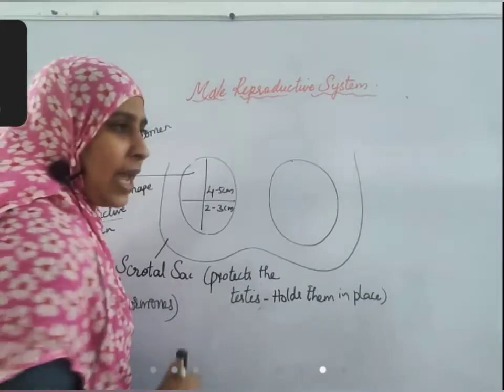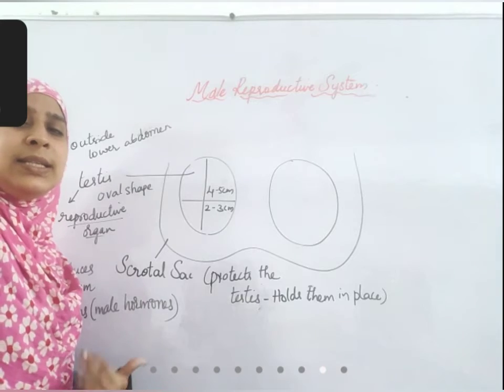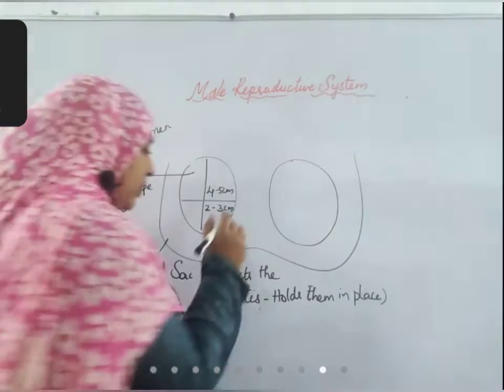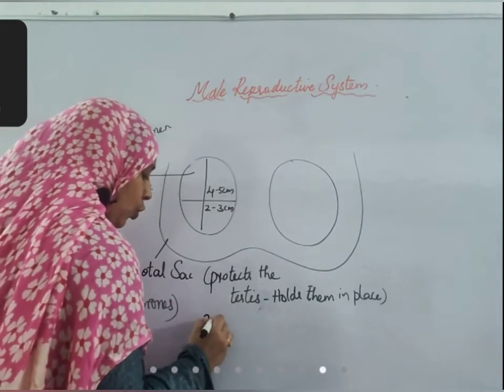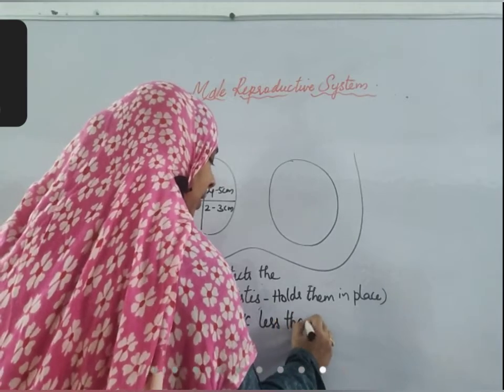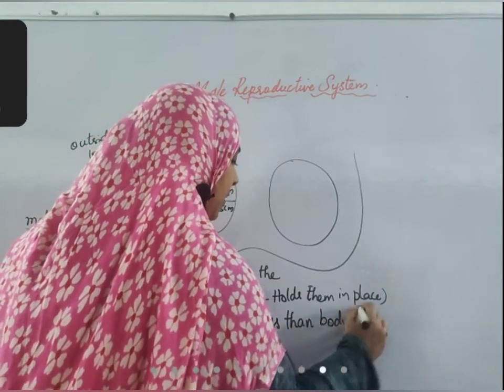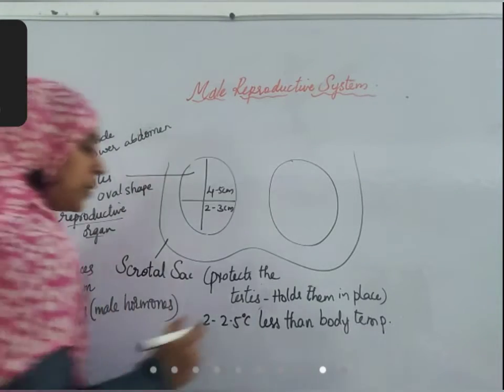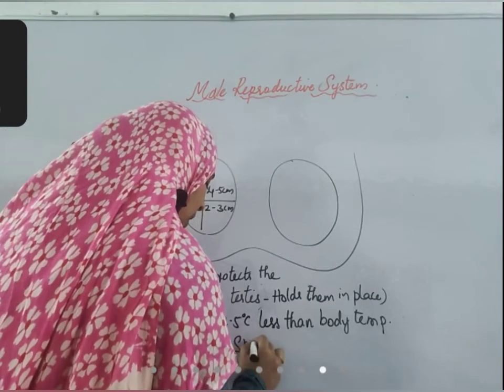The second use of the scrotal sac is that, since it is hanging outside, the temperature of the testis remains 2 to 2.5 degrees Celsius less than body temperature. What is the advantage of this lower temperature?